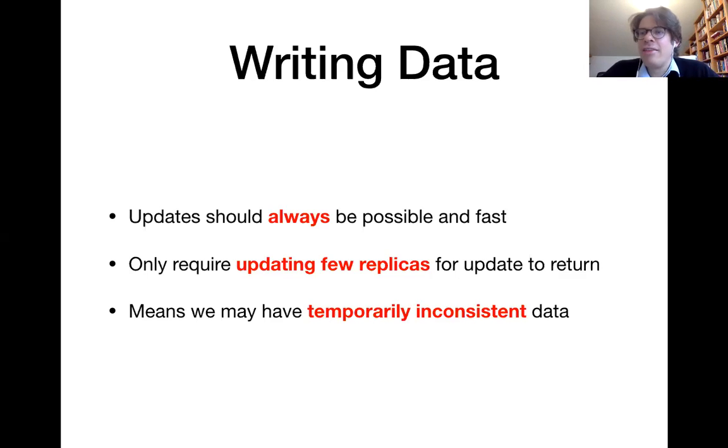Even if only, let's say, one single replica is available, you might still decide to accept updates to that replica and propagate those changes later to the other ones. And that means, of course, that our data might be temporarily inconsistent, but like Apache Cassandra, Amazon Dynamo also aims to be only eventually consistent, so that is okay.